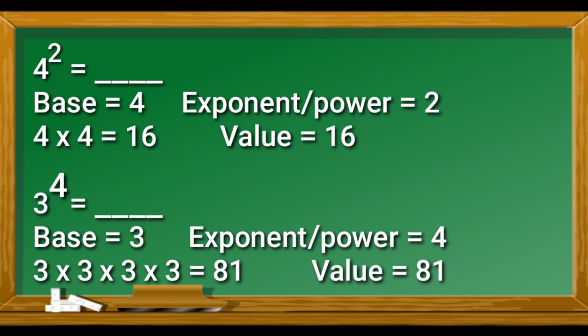The value of 4 to the second power is 16. Next, 3 to the fourth power. Base is 3, exponent is 4. 3 times 3 times 3 times 3, the value is equal to 81.